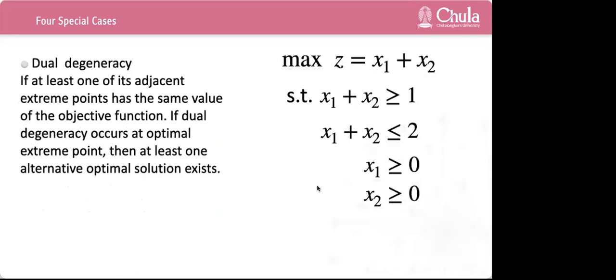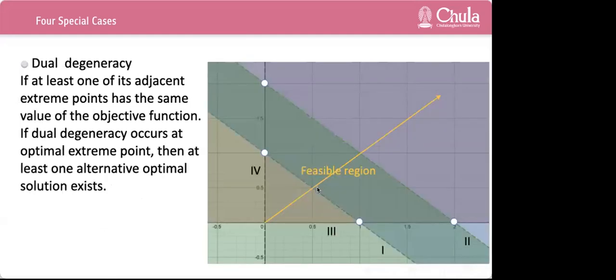The next one is dual degeneracy. In the case of dual degeneracy, the active constraint, the constraint which defines the solution, is normal to our gradient, the gradient of the objective function.